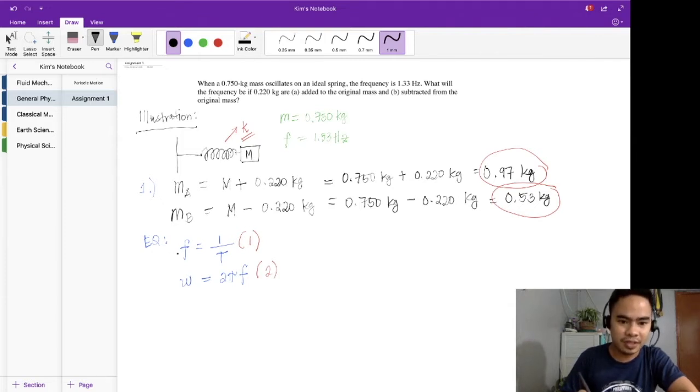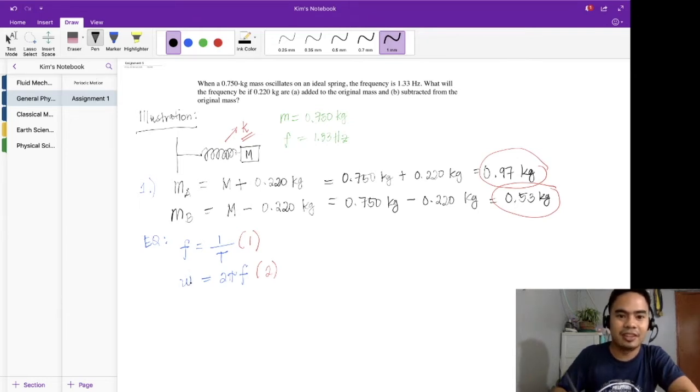If you notice, if you use the first equation, you could not simply use it because you don't have the period T. So that's pointless. For the second equation, you cannot use it either because you do not know omega yet.